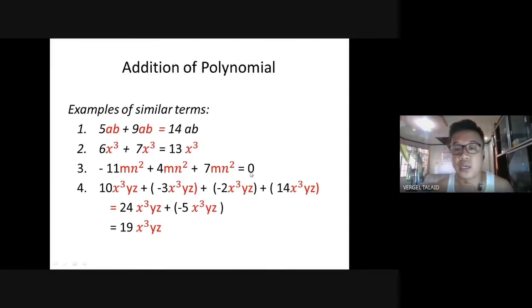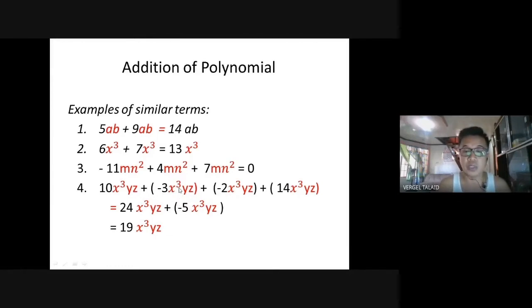That is 0. Now, for number 4, they are similar terms since we all know that they have the common literal coefficient x cubed yz. In this case, you are going to add first the numerical coefficients with the same sign. So negative 3 and negative 2, that is negative 5.